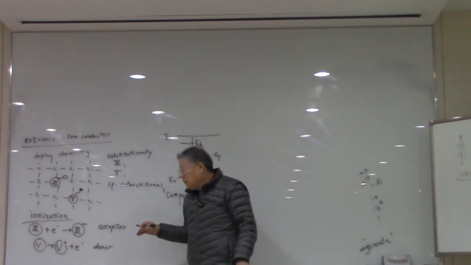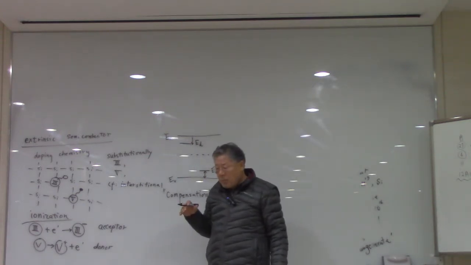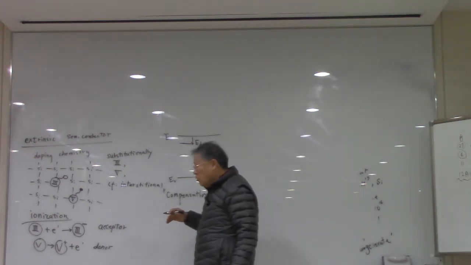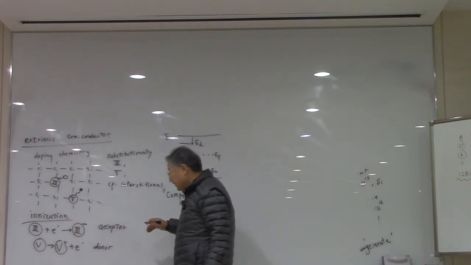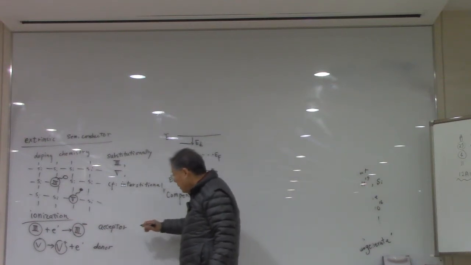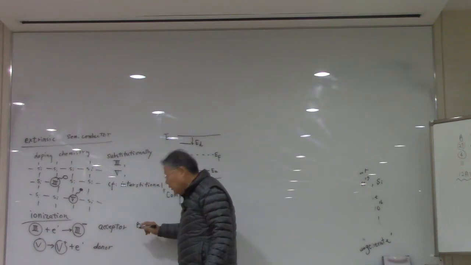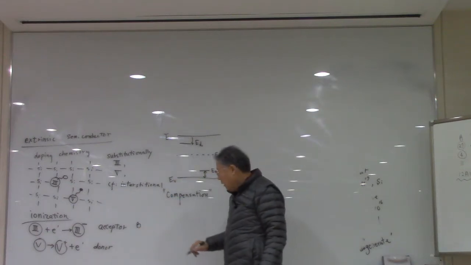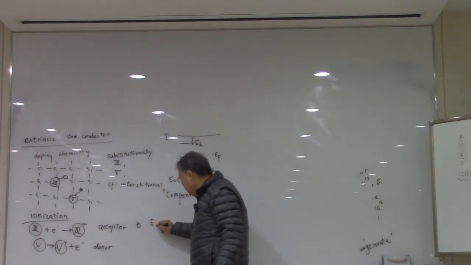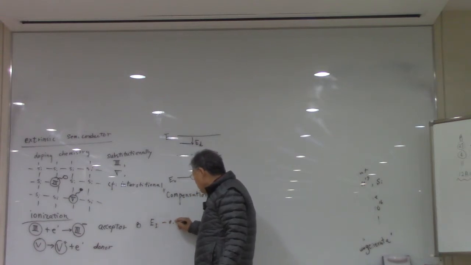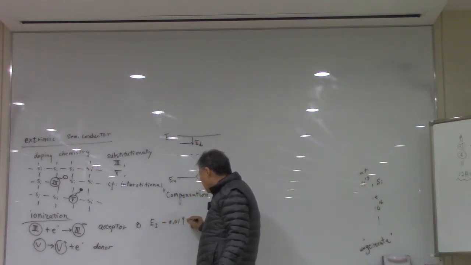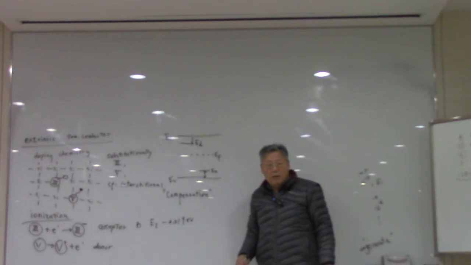And of the dopants known in the semiconductor industry, in silicon semiconductors, for acceptor we have only one choice, boron, okay? And the ionization energy is 0.019 electron volts, somewhere around there.